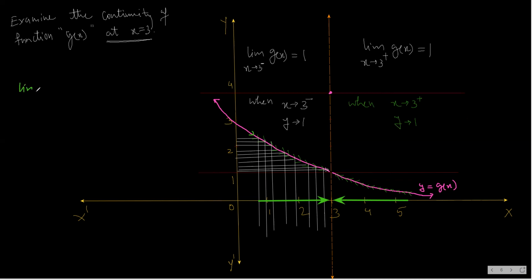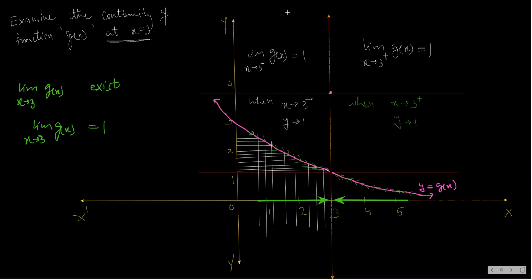You write that limit g of x as x tends to 3 exists. The limit value exists. The limit of the function at x tends to 3 exists, and limit g of x as x tends to 3 is equal to 1.